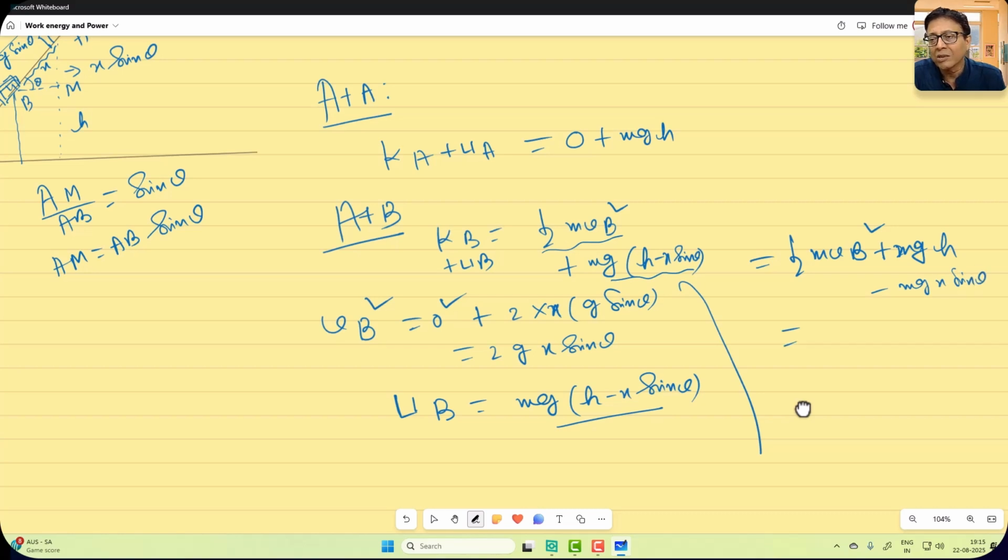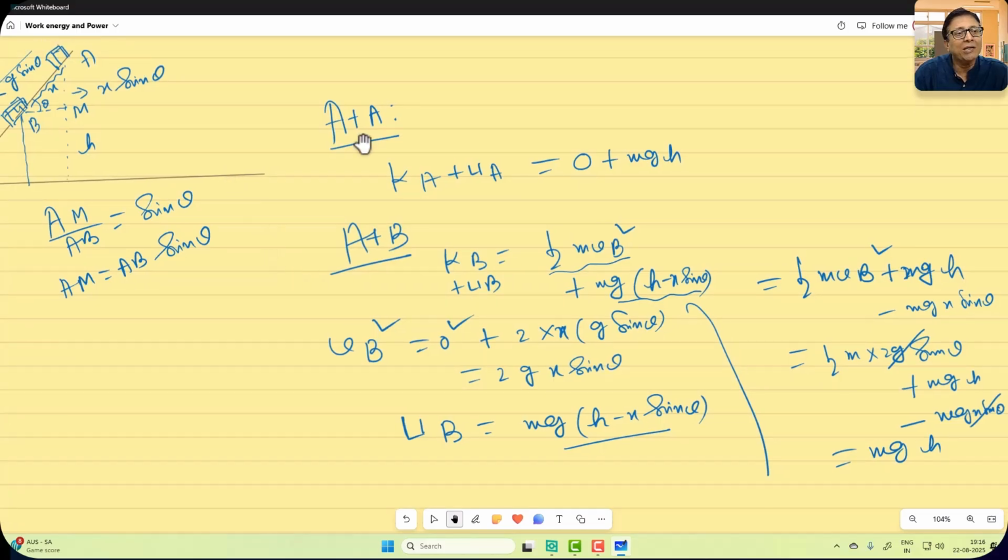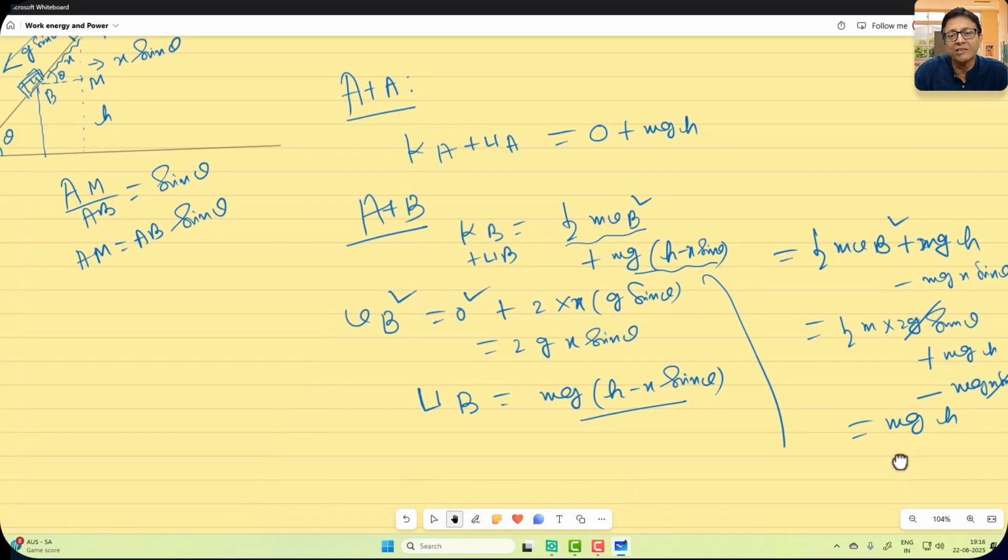This one you got, half m into 2g x sin theta, plus mgh minus mg x sin theta. These two get cancelled. So total energy at B is also mgh. Okay? Total energy at B is also mgh.